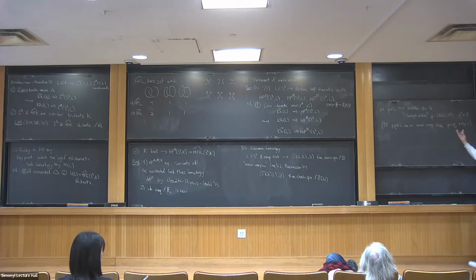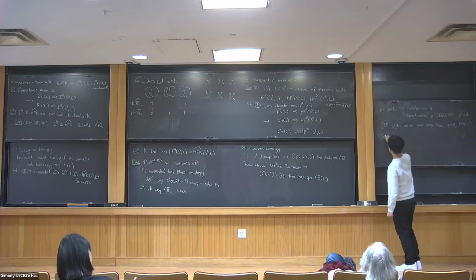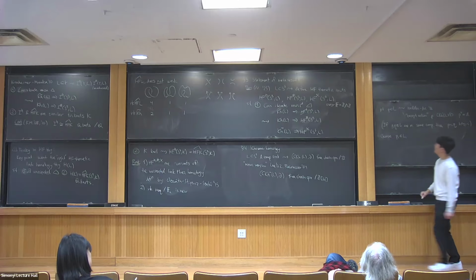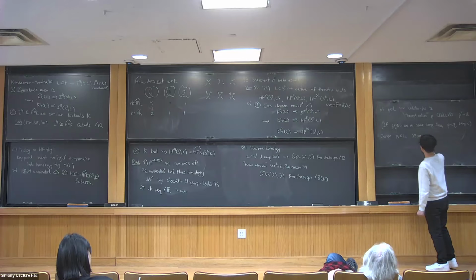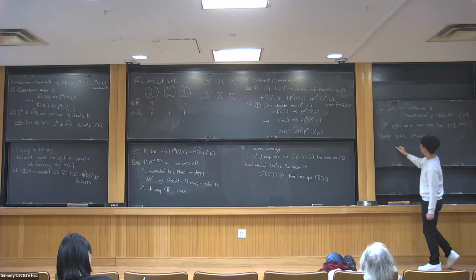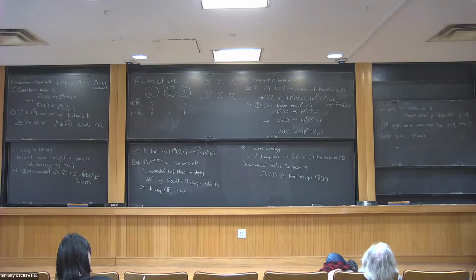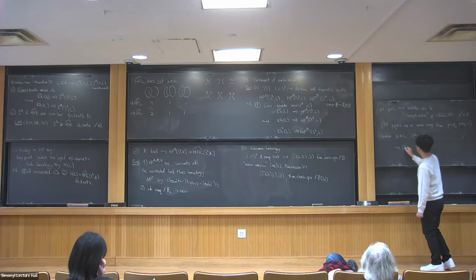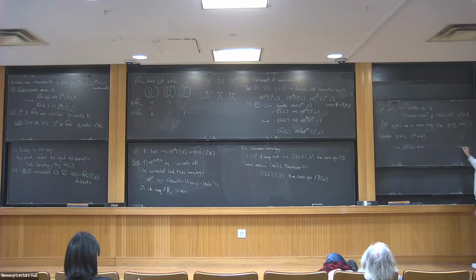And so if L has ℓ components, then we can choose a point on each component. So let Pi be on the ith component. And then the chain complex becomes a module over Z adjoined one variable for each point.